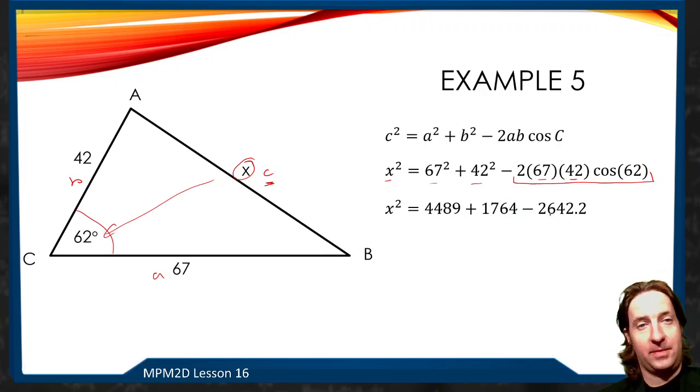Now, another problem here. If my angle is greater than 90, the cosine of anything between 90 and 180 is actually a negative. So if my angle is greater than 90, I'm going to have a negative number here. A negative times a negative actually becomes a positive.